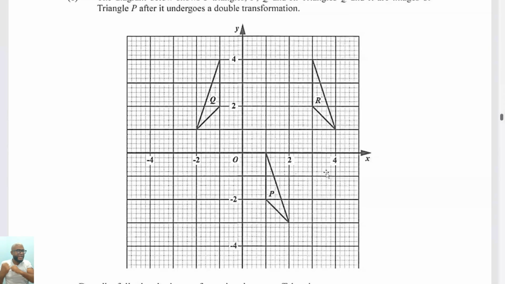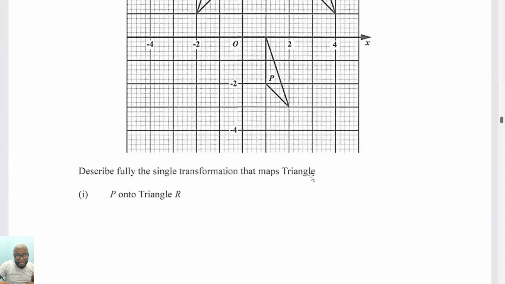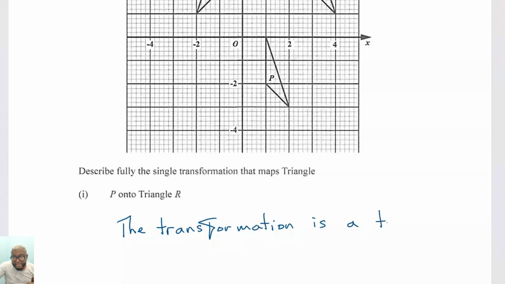A translation, aka slide, right? So actually slide to the right and then slide up, right? So it's a translation. That's the proper word, right? So let me write down what this is and then we'll figure out the vector, right? So the transformation is a translation.